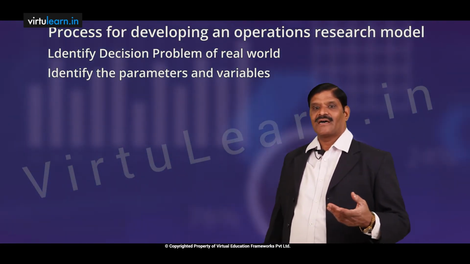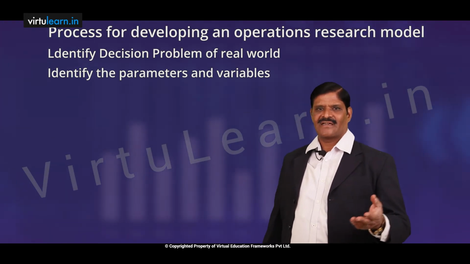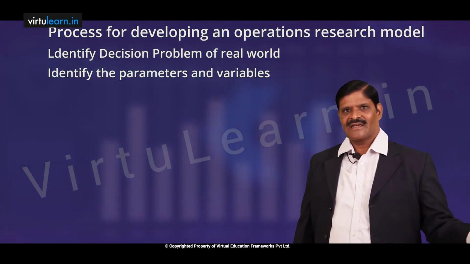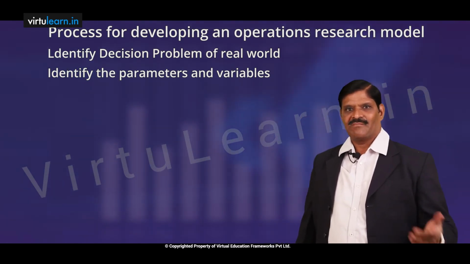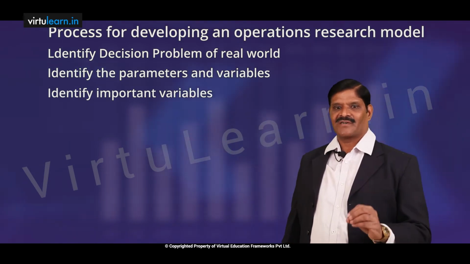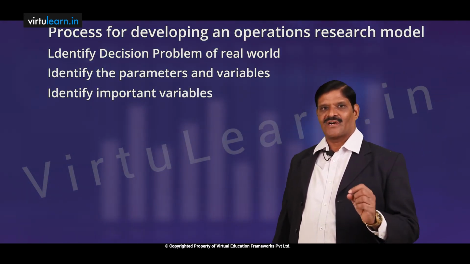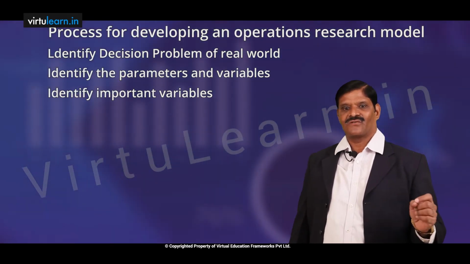There might be several variables, as we were discussing earlier in the characteristics of a good model. Not all the variables may have to be taken into consideration, but the variables which are important, we have to identify, and we have to keep them as part of the solution.